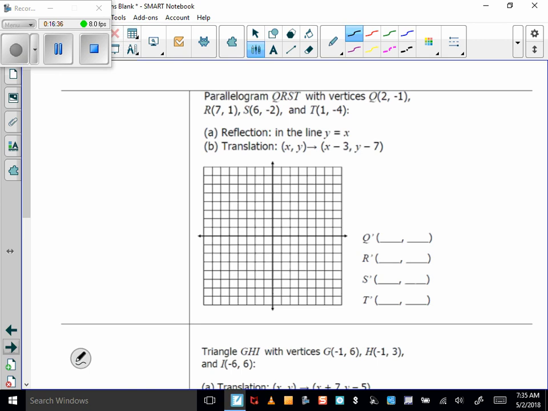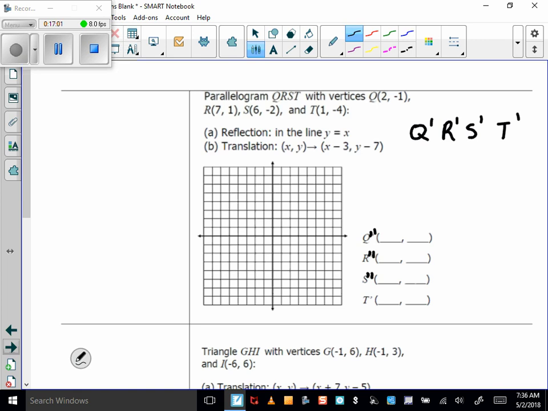You got two transformations. So what I want to tell you here on these is that when I do my reflection, I'm going to call these points Q prime, R prime, S prime, T prime. And then when I do my second transformation, the translation, I like to call those double prime. Remember I told you that?